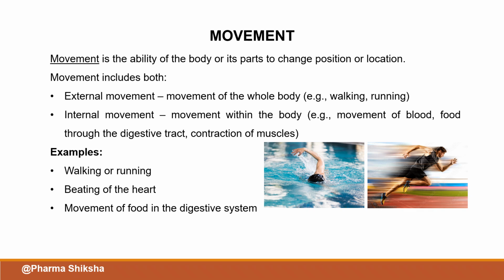These are internal movement. For example, externally you can see walking or running, and internally the beating of the heart, with contraction and relaxation, and movement of food in the digestive system. So these are examples of movement.